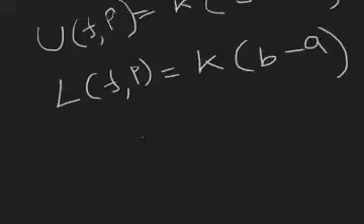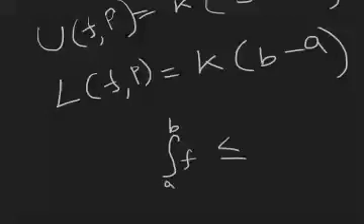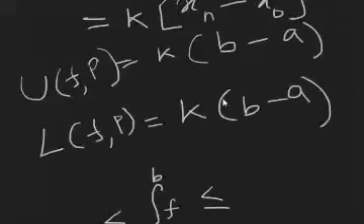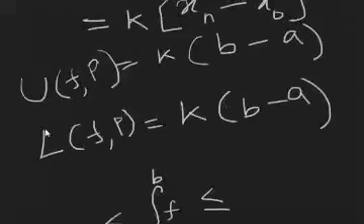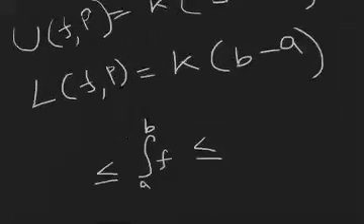We know that the integral of f over ab is in between the upper sum and lower sum. If you take any general partition, you get this value here.